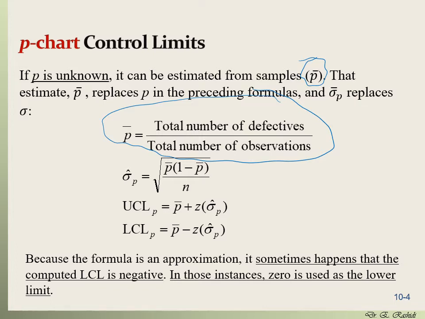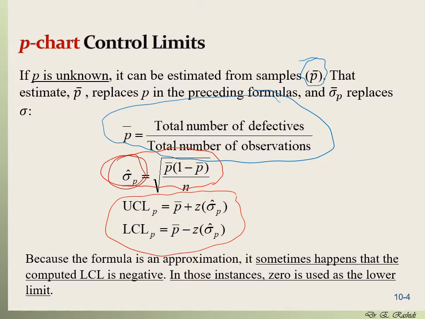And we can also estimate the standard deviation of proportion using this formula, which is just the replacement of P by P bar. That's the square root of P bar, the estimated proportion, multiplied by 1 minus P bar, divided by N. The formulas for the upper and lower control limits stay the same, except that we replace P by P bar and sigma of P by sigma hat of P. This is called sigma hat, which is an estimation of the standard deviation of proportion when you don't know the proportion.